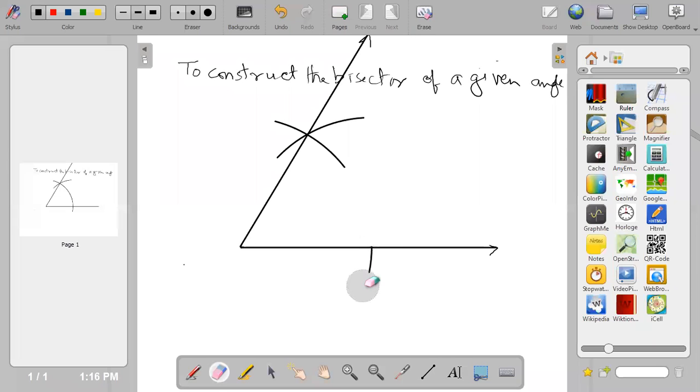Then we have to draw the bisector of this angle, meaning the line which divides it into two equal parts. It's called the bisector of this angle.